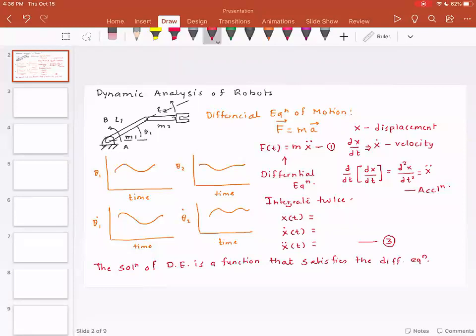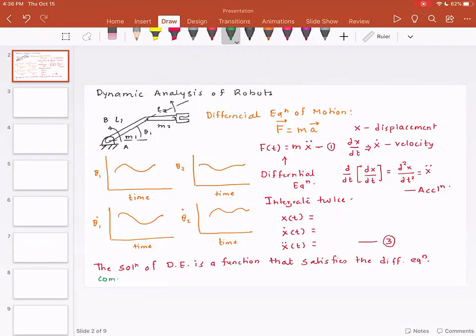Now, how do we find out this solution? If you have taken a differential equation class, then you probably know a lot of analytical techniques to find the solution of a differential equation. But many a times, the differential equations that we see in robotics, or for that matter in usual physical systems, are very complex.